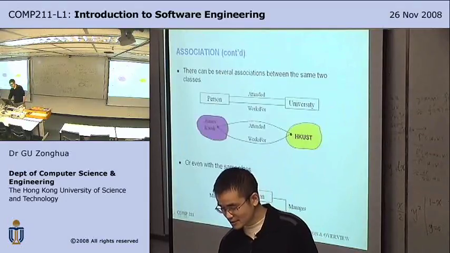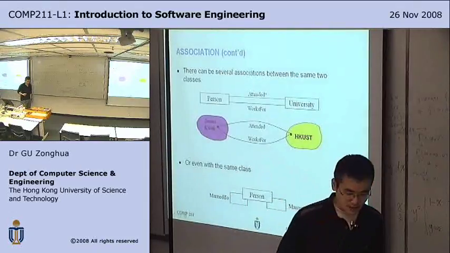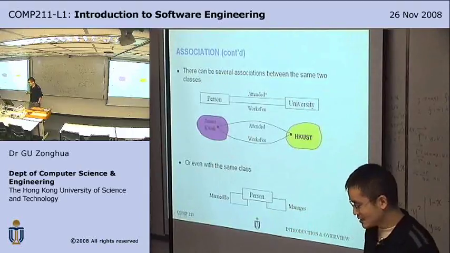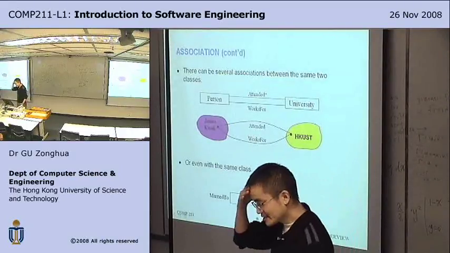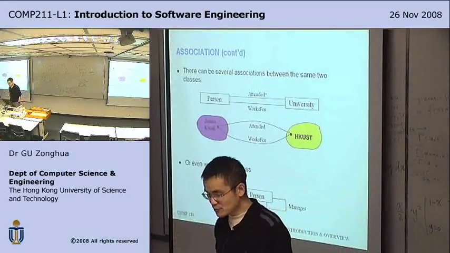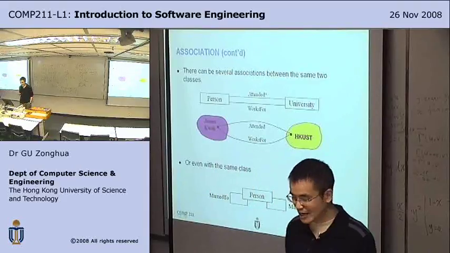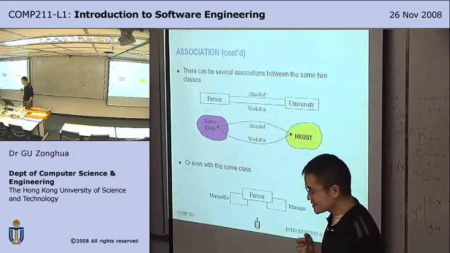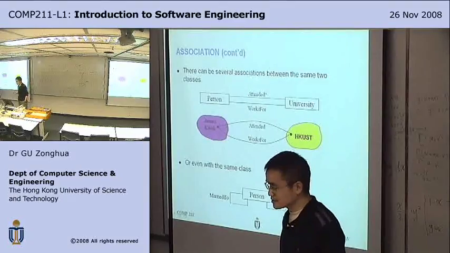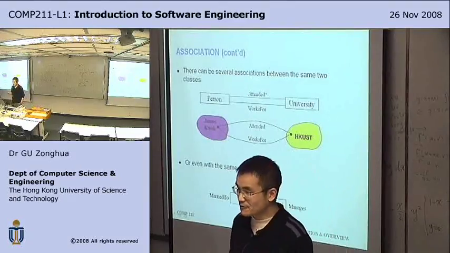Notice that there's a question in the midterm that asks you, I forgot the exact wording. Essentially, it says you can have multiple associations between two classes and multiple links between two objects, but for every association, there's only one link for that association.